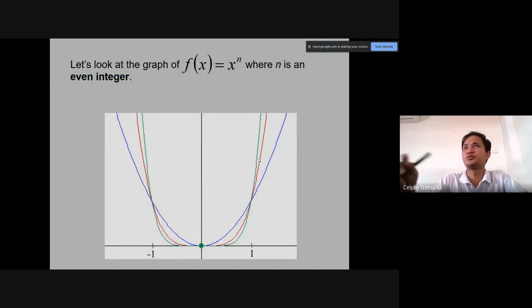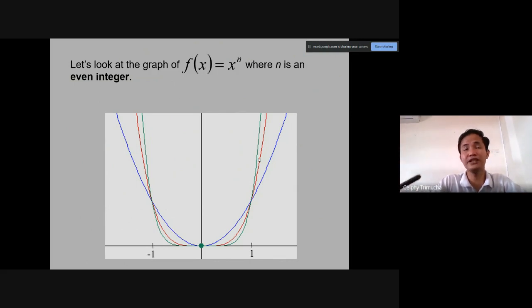Okay, so we were able to discuss in a previous session sa ating tutorial about the concepts of graphs nga nakita natin kung paano natin i-identify ang graph of certain functions. So let's look at the graph of your function of x is equal to x raised to the power of n. Kung ang aton diri nga exponent is an even integer, so anong itsura sa aton function?